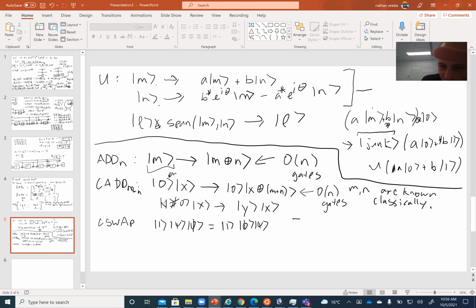And its implementation, in case you recall, is the following. It can be done with order 1 operations, in a constant number of operations. So those are our primitives.